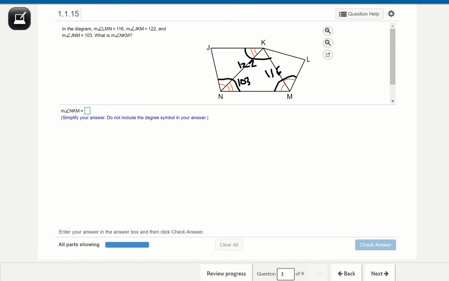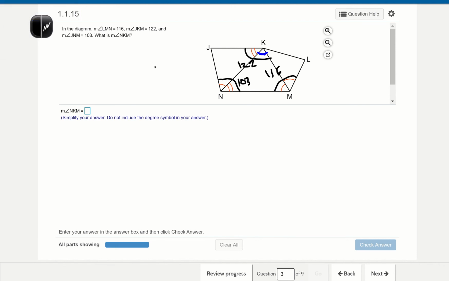Then what is the measure of NKM? We're looking for NKM, and I'll use a different color for this. We're looking for this little angle right here, NKM. Using that information, we'll need to find that angle.